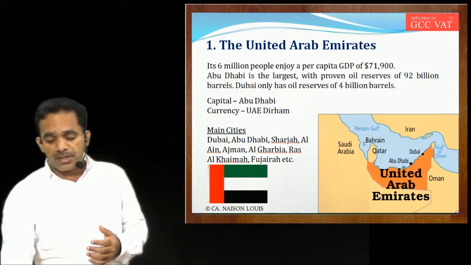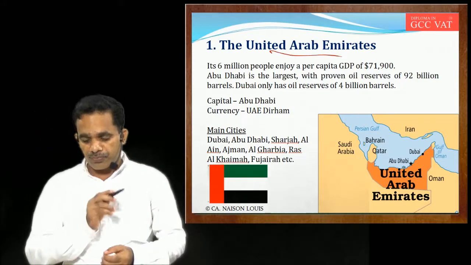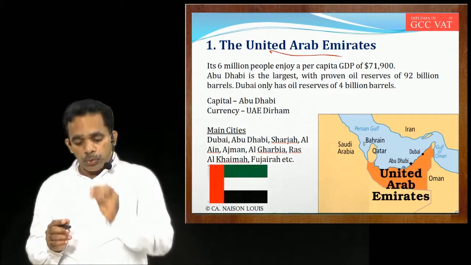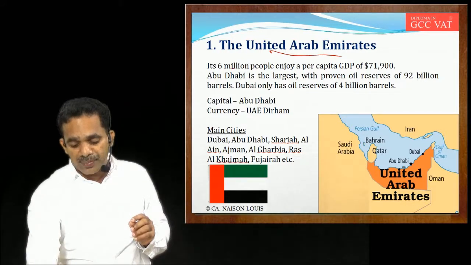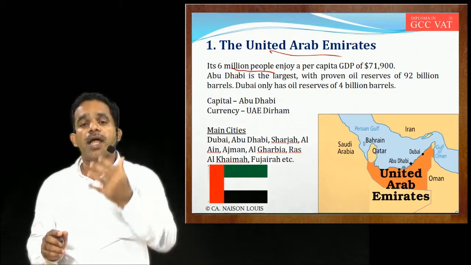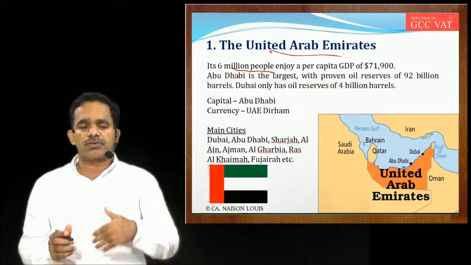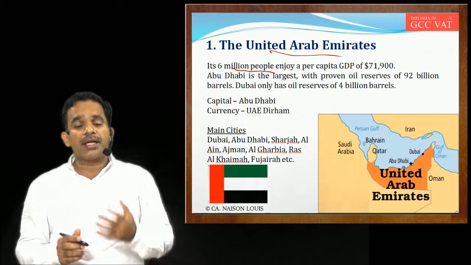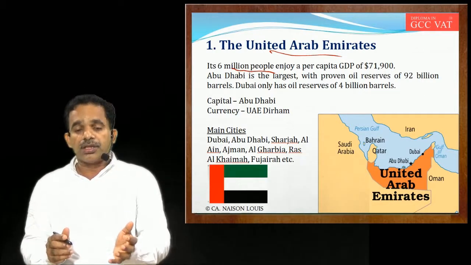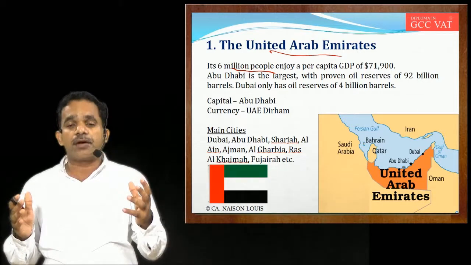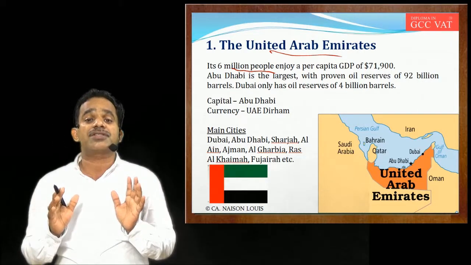The first is the United Arab Emirates. In UAE, almost 6 million people enjoy a per capita GDP of $71,900. So that is a rich country. Abu Dhabi is the largest, and they have oil reserves of 92 billion barrels.